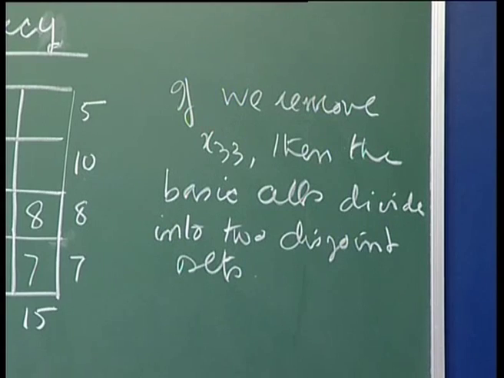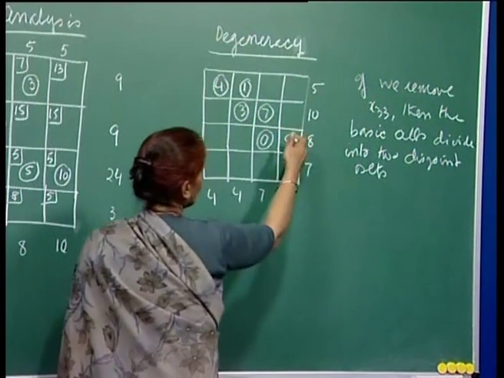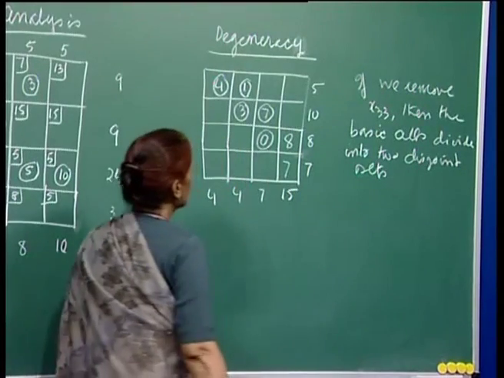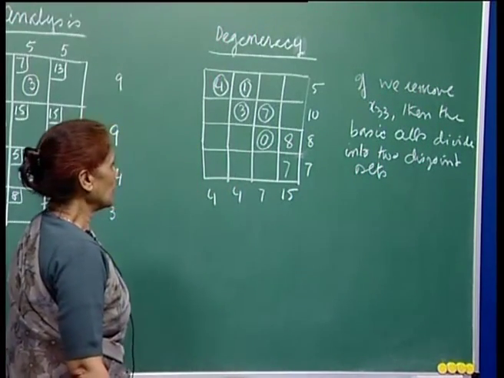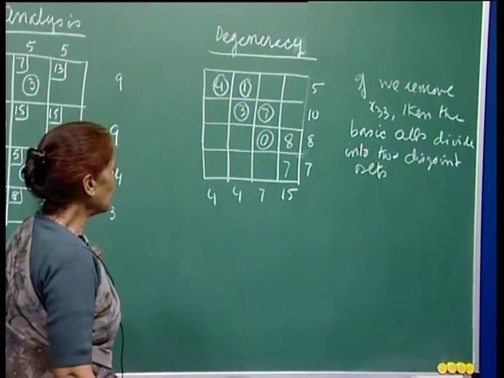The first set would contain 1 1, 1 2, 2 2 and 2 3, and the other set will contain the cells 3 4 and 4 4. So the thing breaks into two disjoint sets.